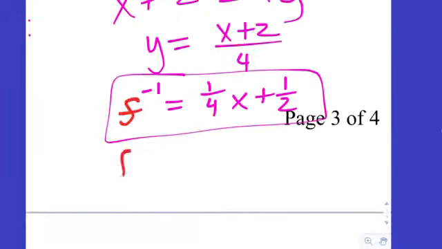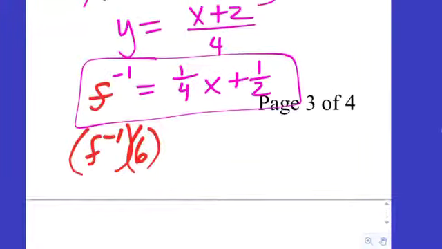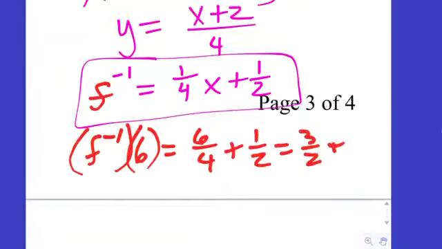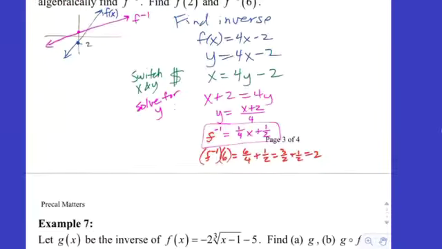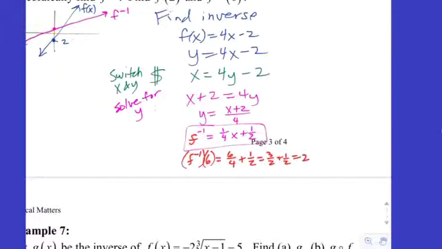We can actually verify. Let's find f inverse of 6. That's how you'd have to show it, parentheses around it. If you plug in your 6, you get 6/4 plus 1/2. That's the same as 3/2 plus 1/2, which is 4/2 or 2.